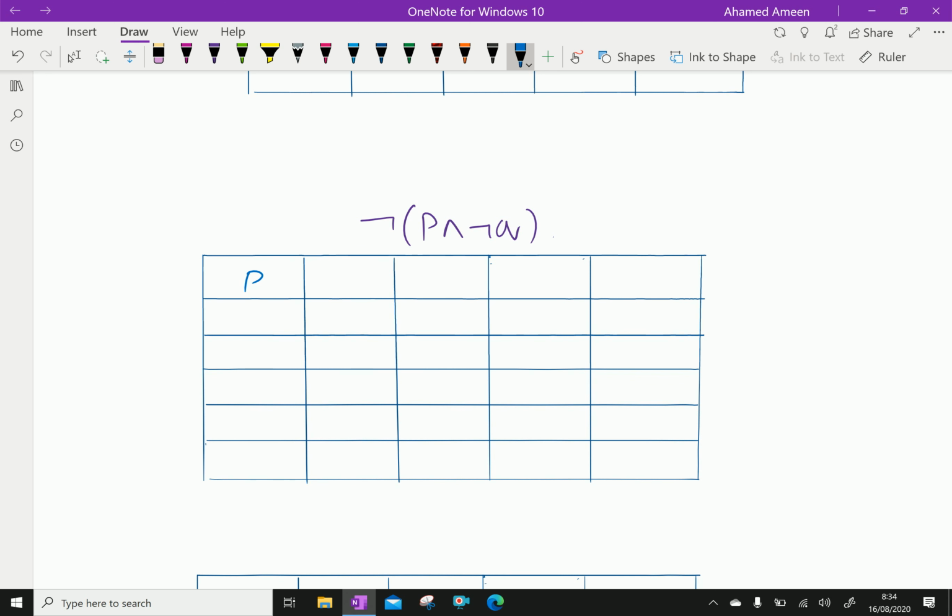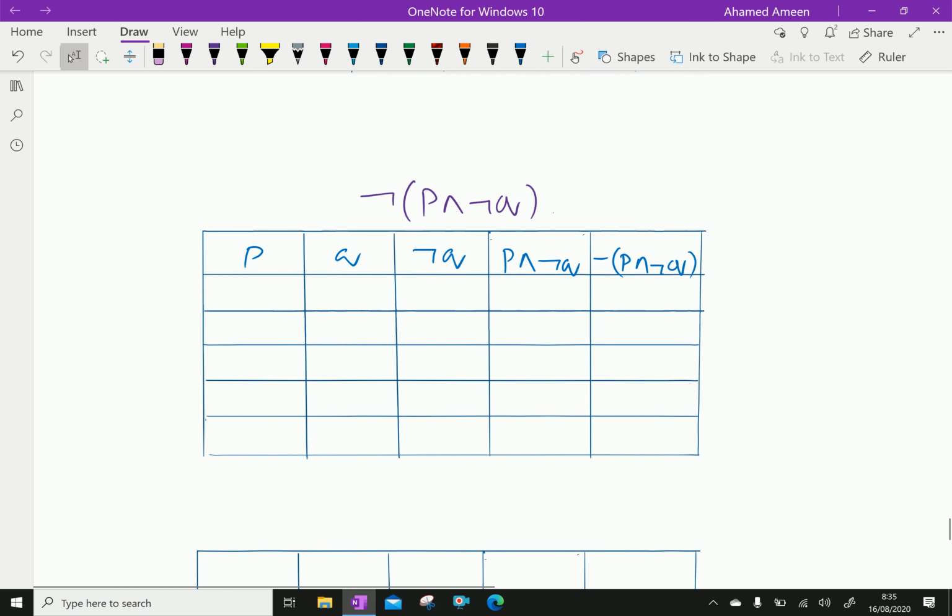It's P, Q, negation of Q, P conjunction negation of Q.